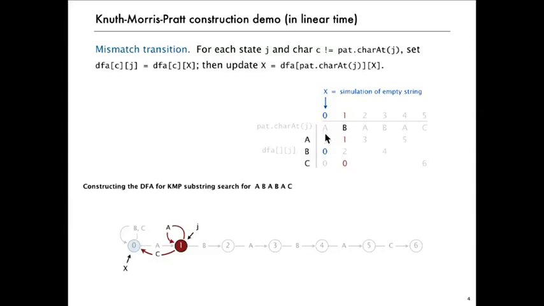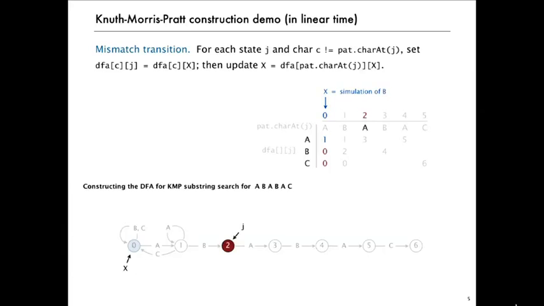And maybe you notice that's just taking the entries we need from X's column and putting them in J's column. That's all it is. And then we need to update X, which is where it would be if we matched a B. So X will stay in state 0.